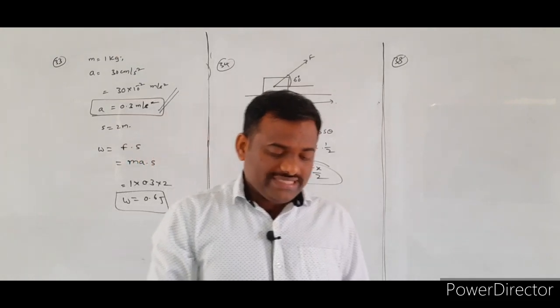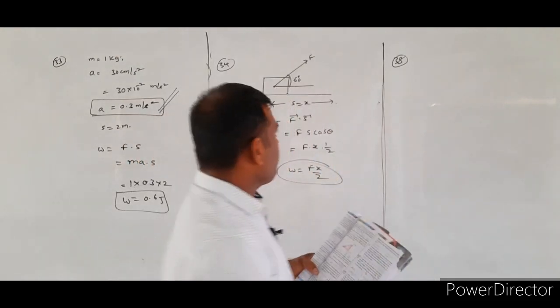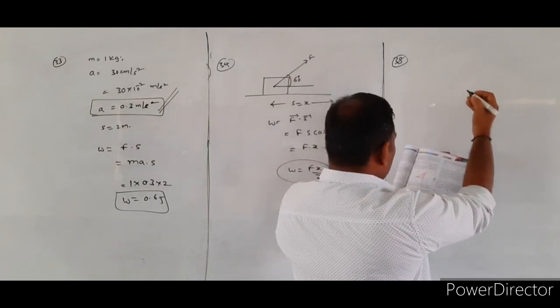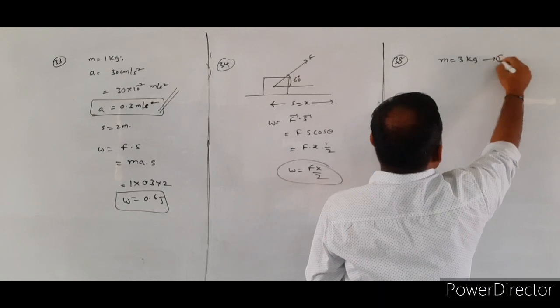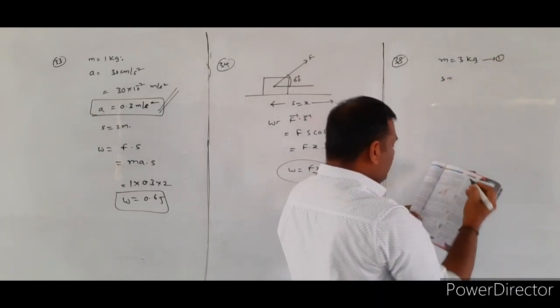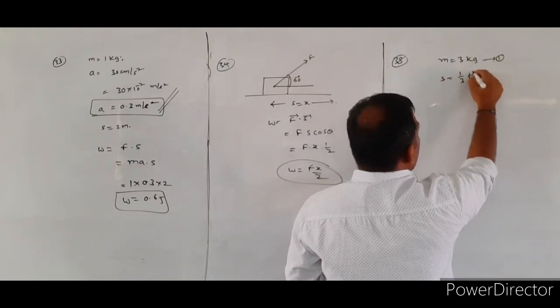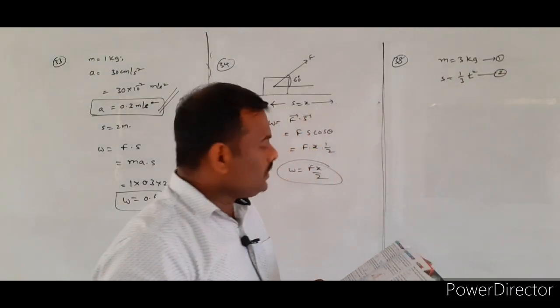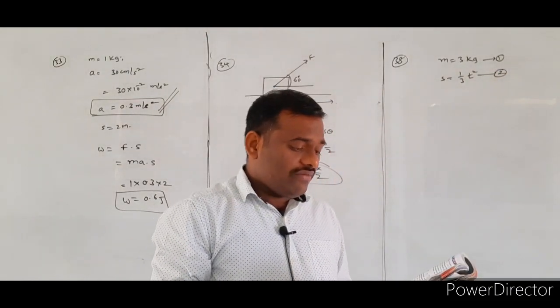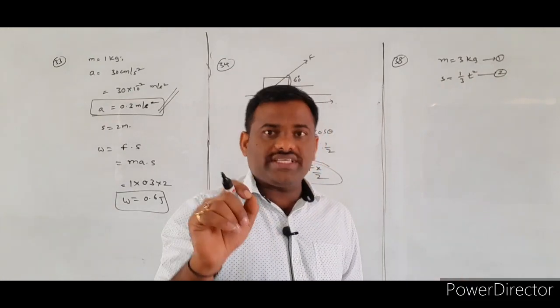Work done by the force in 2 seconds is? What is the data they have given? Mass of the body is equal to 3 kg and the displacement is related with the time by s is equal to 1 by 3 into t square. They are asking the work done by the force in 2 seconds.